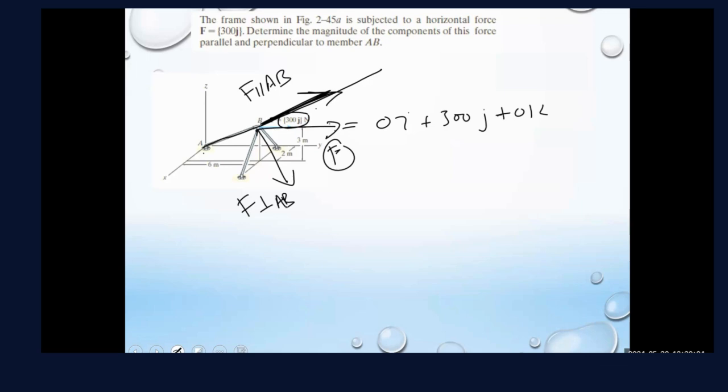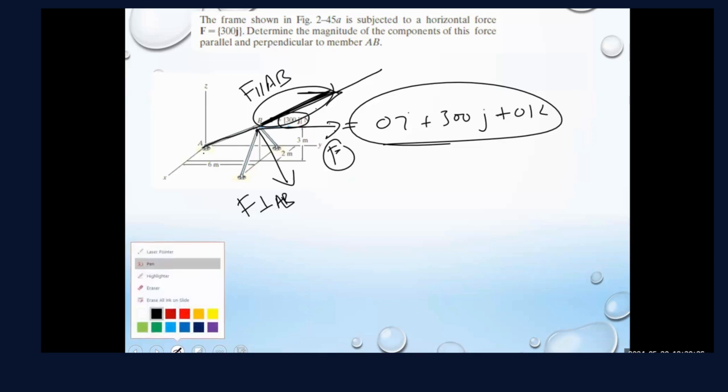So if I know the dot product, to calculate this, what two things do I need to take the dot product? The force is already there; I know the force vector. What else do I need? The unit vector, right?